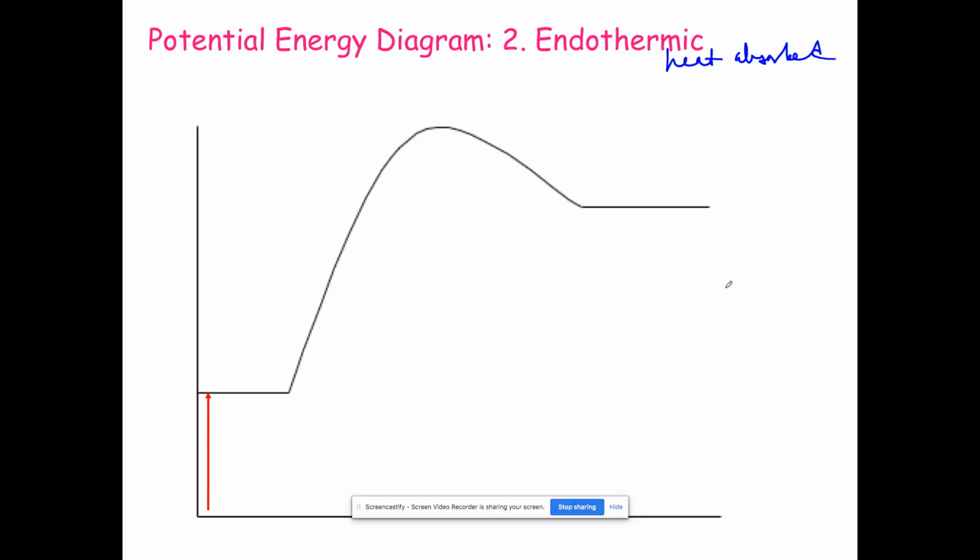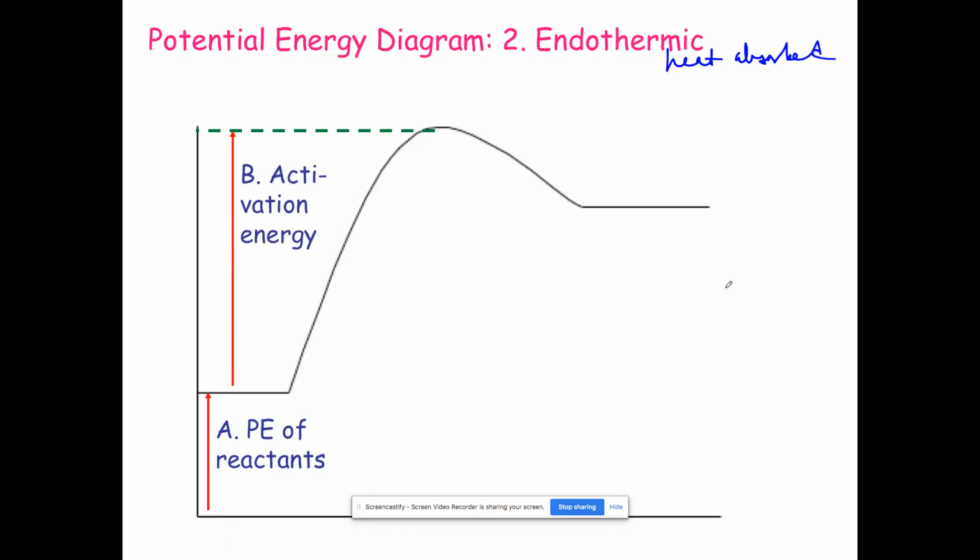The first flat line, that's the PE of reactants. The amount of energy it takes to kickstart the reaction, going from that flat line to the crest of the hill, is called the activation energy. The utmost high peak, that's called the activated complex, the potential energy, PE, activated complex.